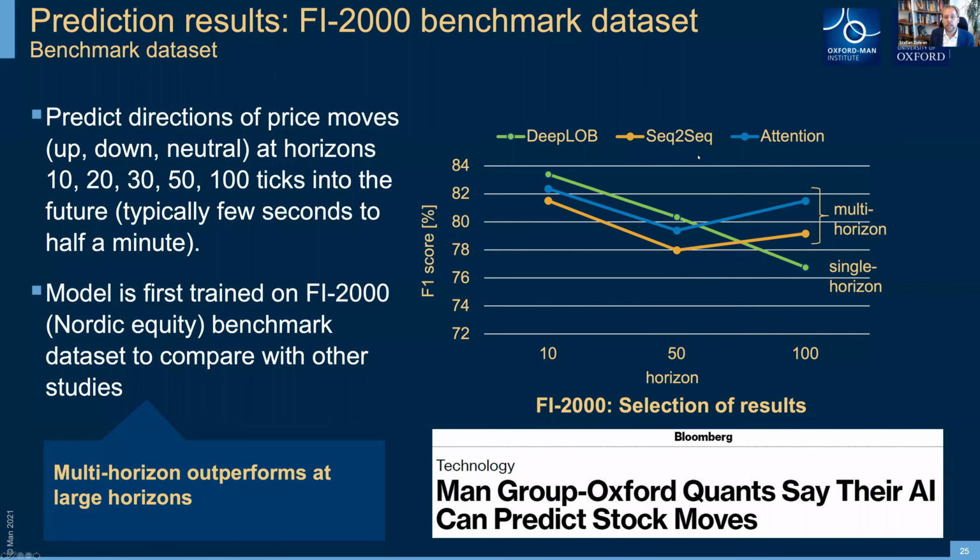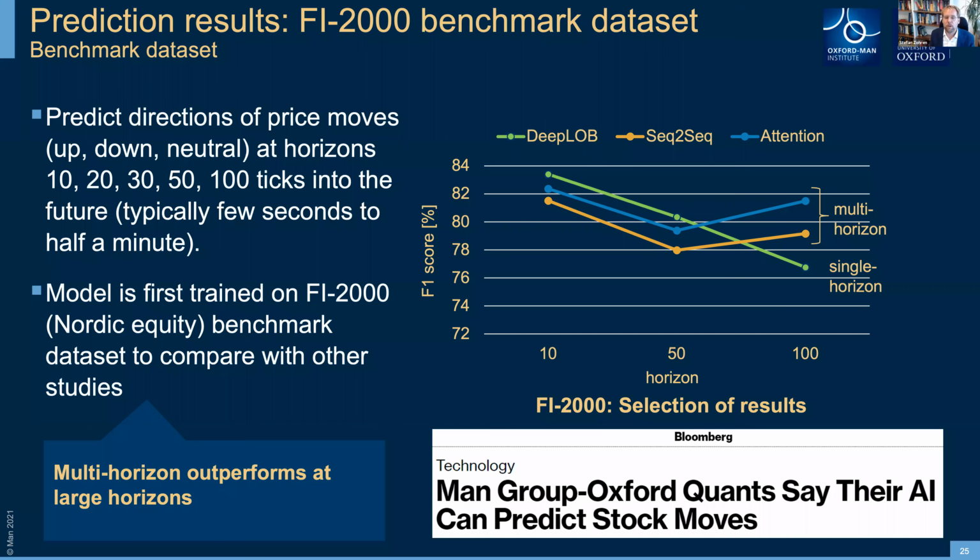So we look at the prediction accuracy, and what we see is that for short horizons, the single horizon model performs better because the horizons are small. It's easier for the model to be trained and make predictions, and there's no advantage for the multi-horizon model because it doesn't really have any information from smaller horizons.